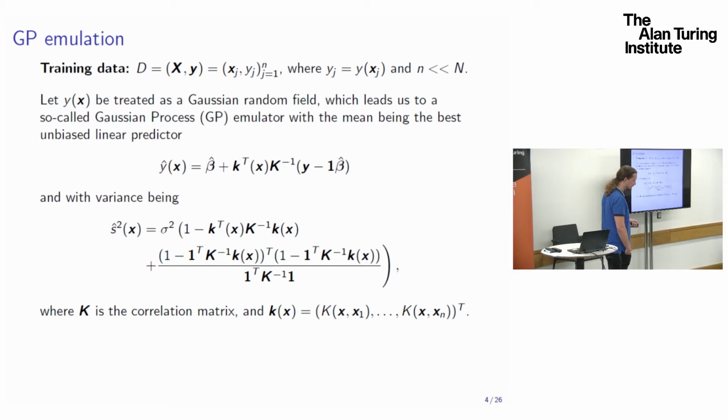So we're going to treat the output y as a Gaussian process, which means that our set y would be a multivariate normal distribution. This is the standard mean expression for this Gaussian, and this would be the predictive variance. The predictive variance is given by sigma squared, and the correlation matrix is denoted by K.